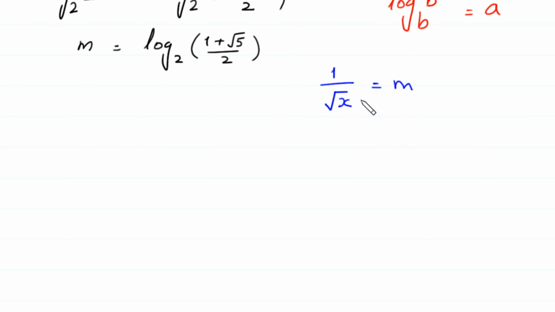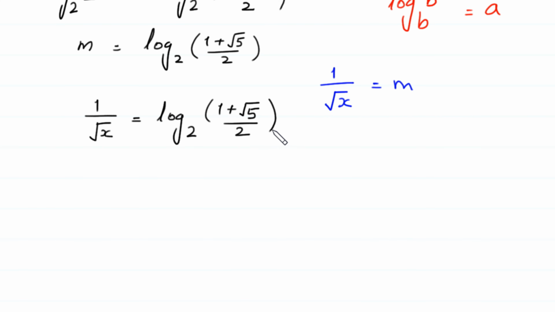So in this equation we put the value of m, log base 2 of 1 plus square root of 5 over 2. 1 over square root of x is equal to the value of m, which is log base 2 of 1 plus square root of 5 over 2, and this implies square root of x is equal to 1 over log base 2 of 1 plus square root of 5 over 2.